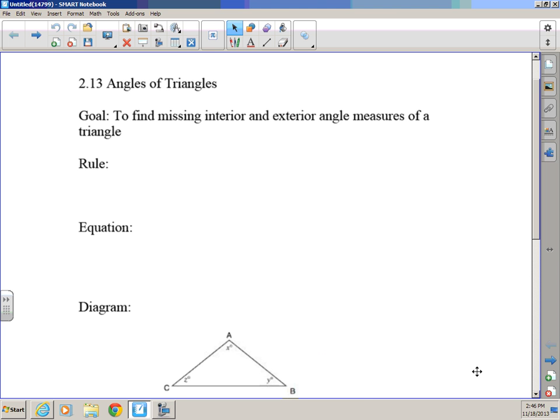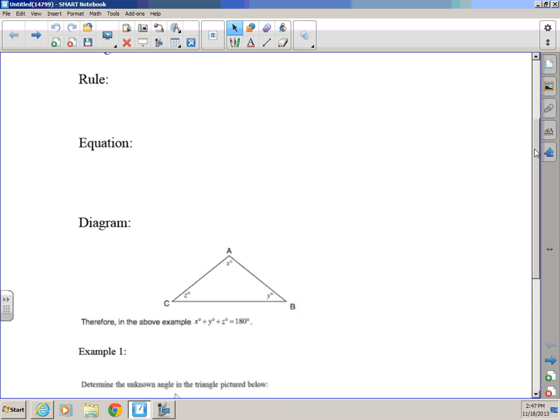What we're going to cover in today's lesson are special rules with regard to interior and exterior angles of a triangle. So let's go through a couple of things.